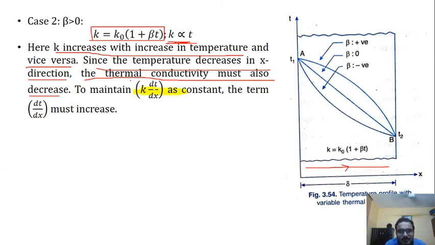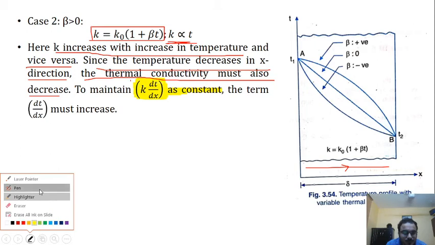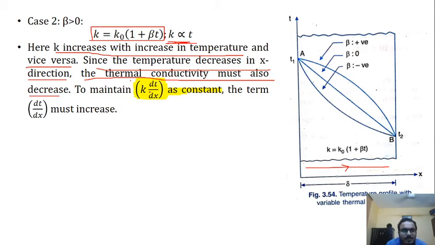Now again our objective is that K into dT by dx has to be constant. So as K is decreasing, dT by dx must increase. Let us say we have two terms together, A into B equal to constant.